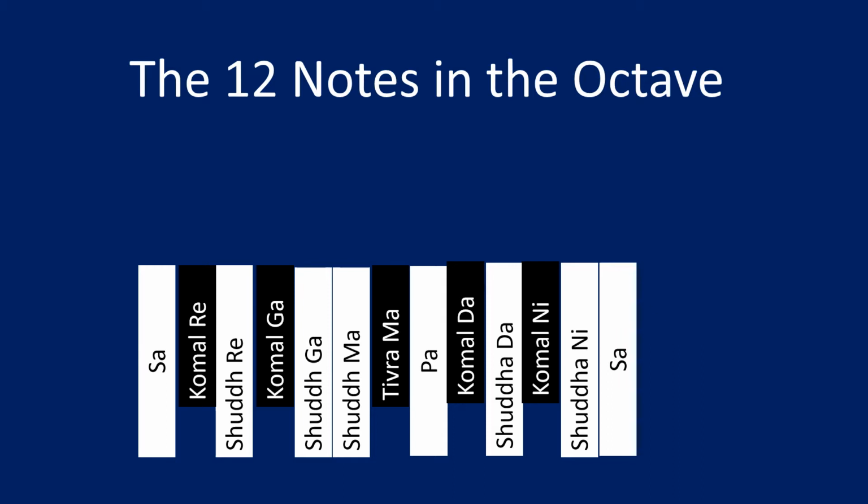Now, if that sa is chosen as C, then the Hindustani names for these 12 notes can be described by the presentation below, which shows piano keys.